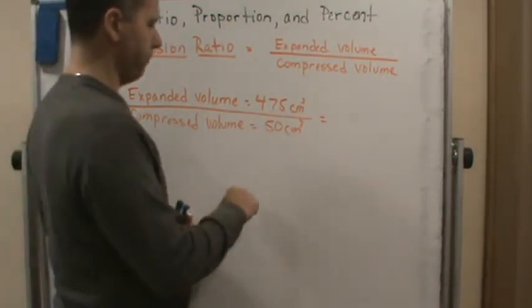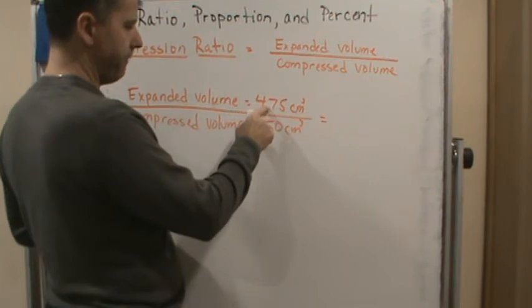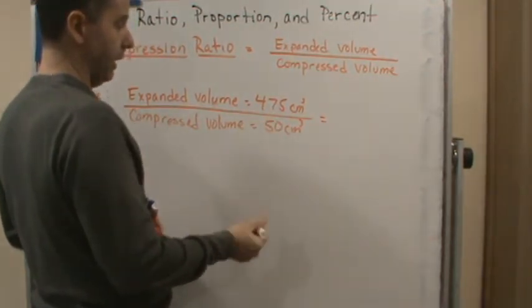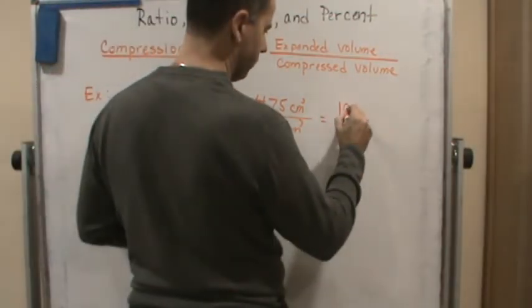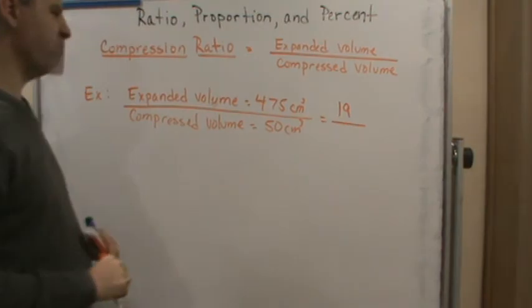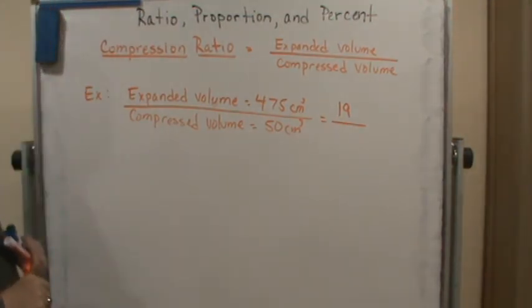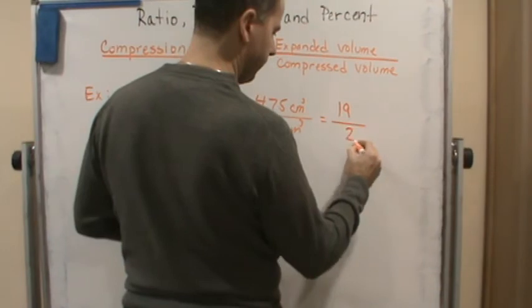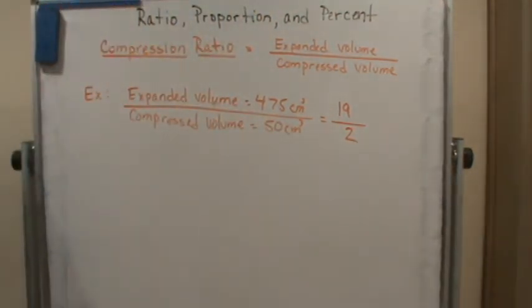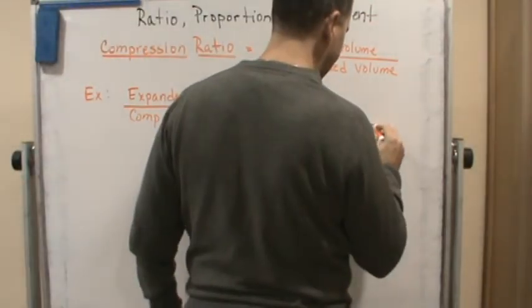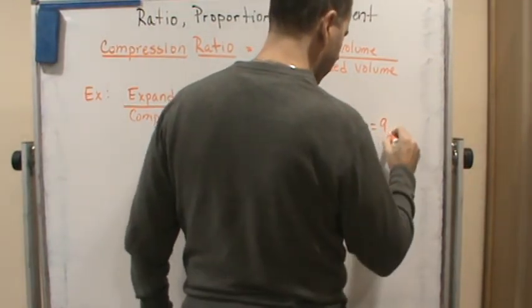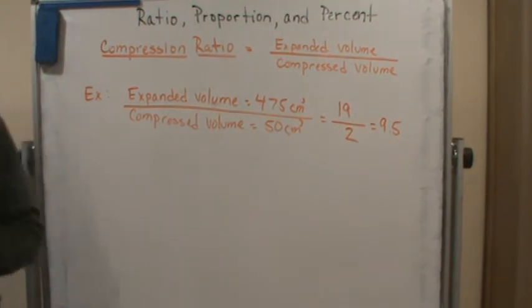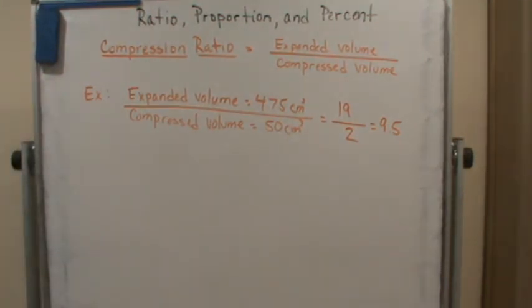If we reduce this, 25 goes into 475 19 times, and goes into 50 twice. So we get 19 over 2, or we can write this as 9.5, as a decimal.